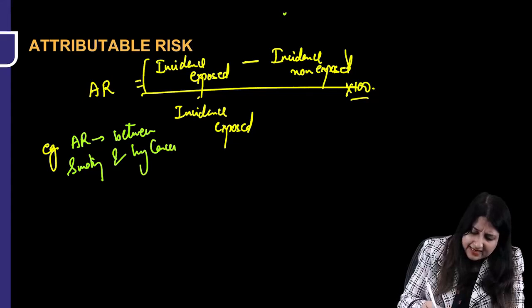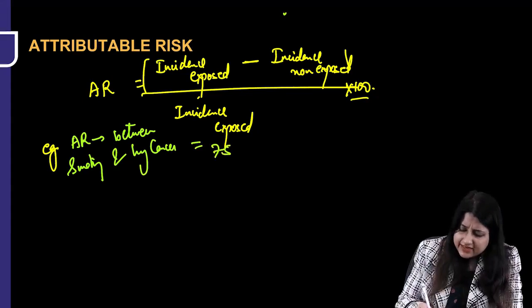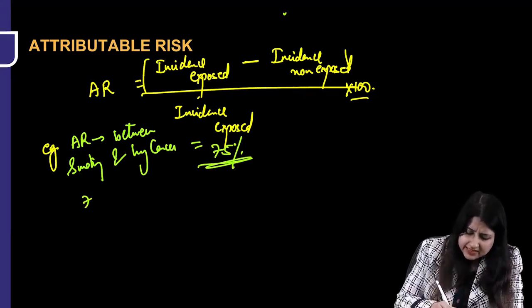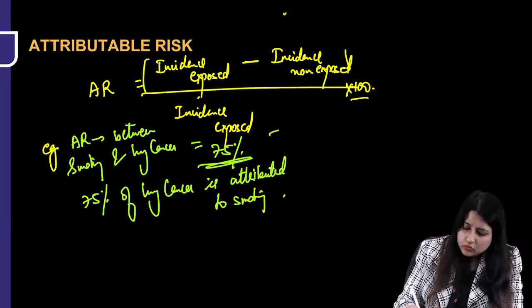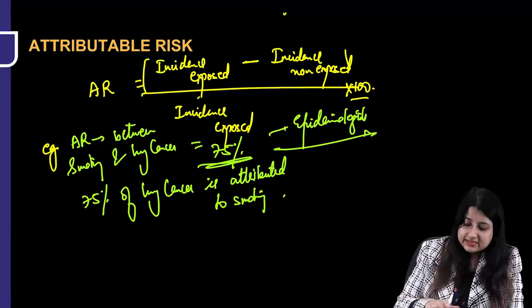Alright, we obtained an attributable risk of 75%. So what does this mean? That 75% of lung cancer is attributed to smoking. Okay, this is of use to epidemiologists, who are studying about diseases.